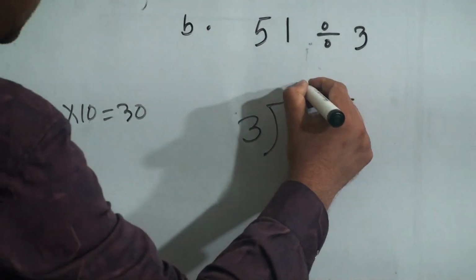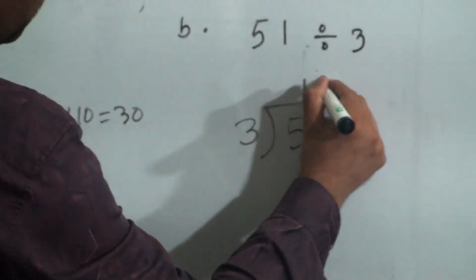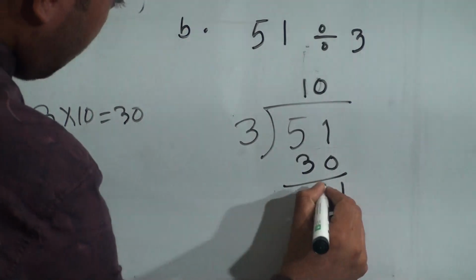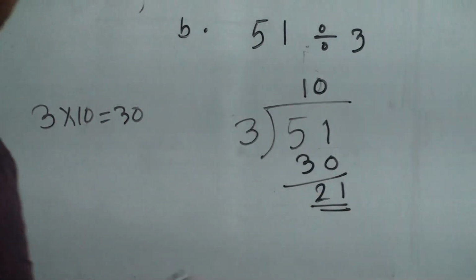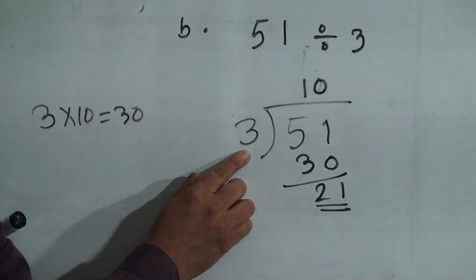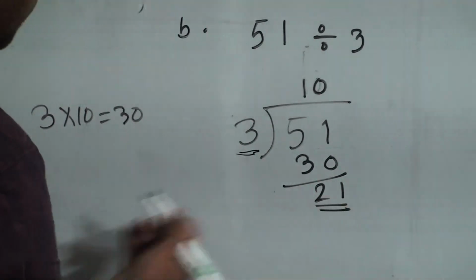If we use this one, 3 tens, then 1 and 2. Look here, remainder 21. Remainder 21 is too much greater than divisor 3. So this is the wrong process.